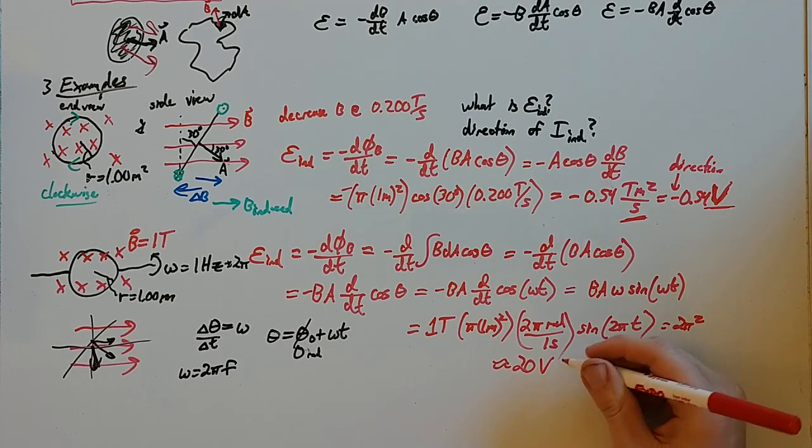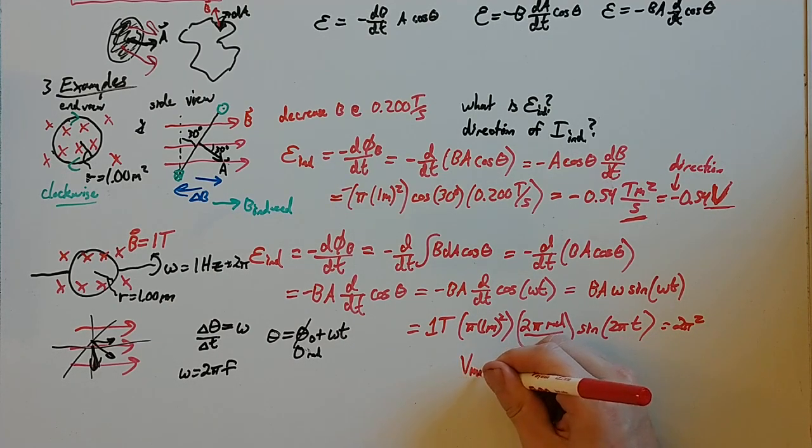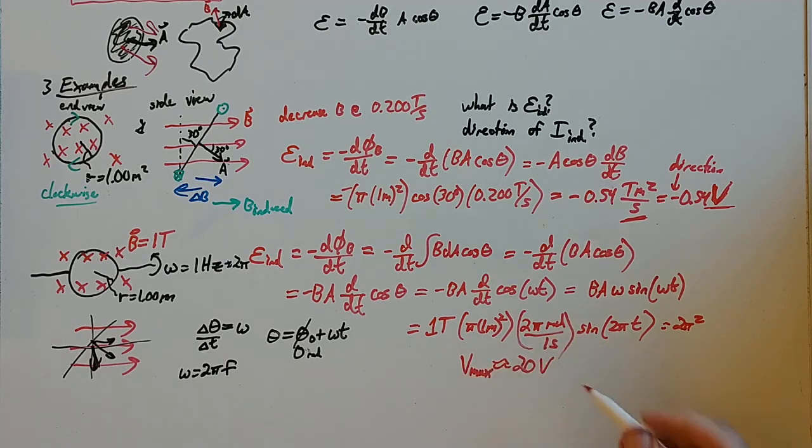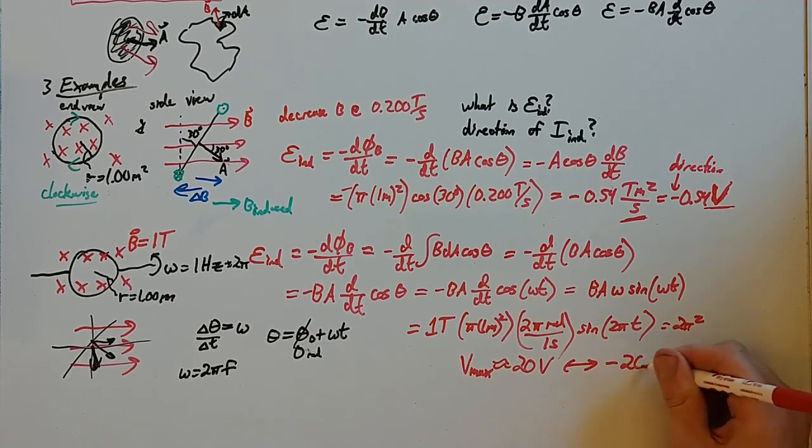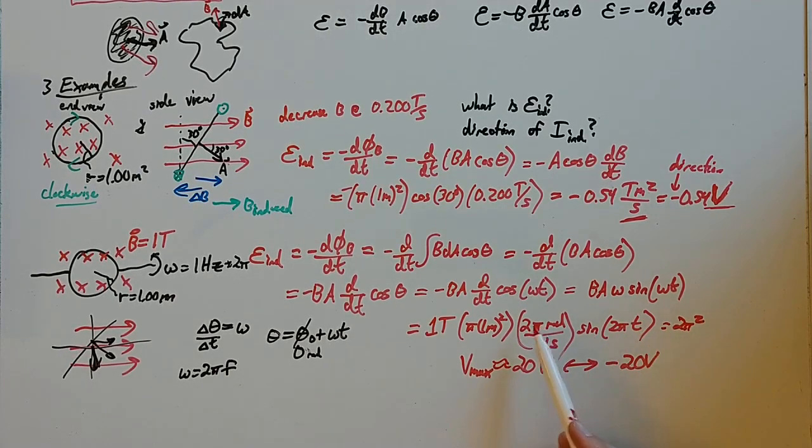So this is the max induced EMF. But then it's going to oscillate back and forth between 20 volts and -20 volts, because sine goes between +1 and -1. Sometimes it'll be 0, sometimes it'll be -20, sometimes it'll be +20.